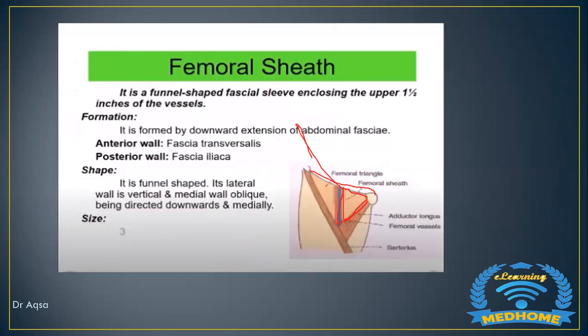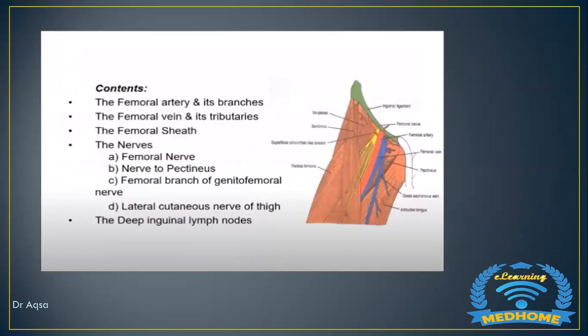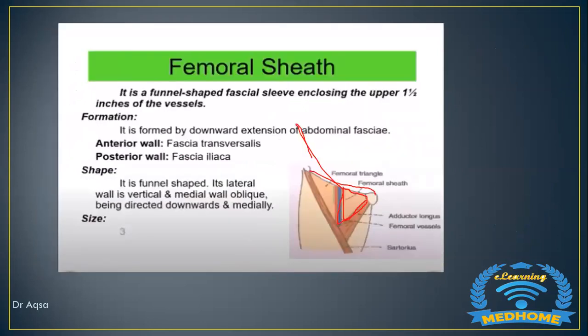As we have just been told about the femoral triangle and its contents, I'm going to quickly revise what the femoral sheath is. The femoral sheath is basically a 1 inch, or 2.5 centimeter, area below the inguinal ligament, formed by the downward extension of the abdominal fascia.